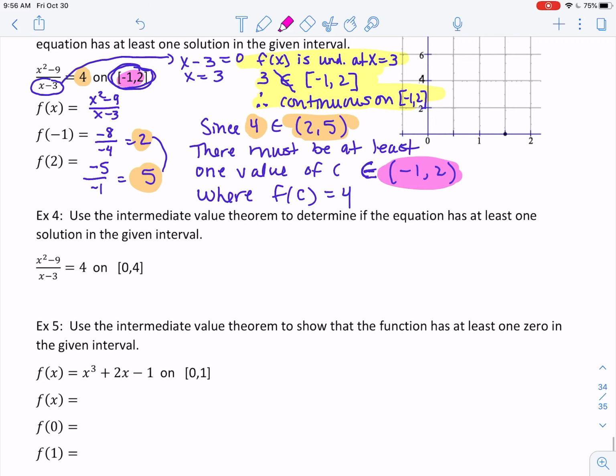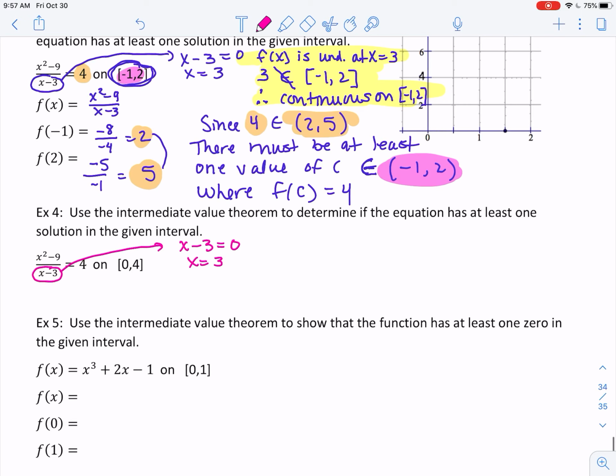All right, the next one. Using the intermediate value, just one solution on the given interval. So this one, almost the same problem, but it's a different interval. All right, so again, x minus 3 is equal to 0. So f of x is undefined at x equals 3, and that is in this interval.